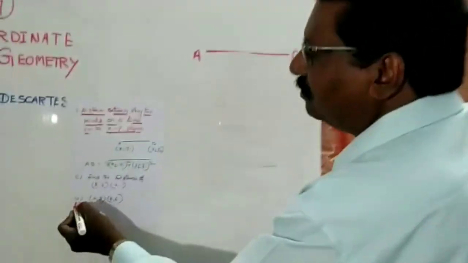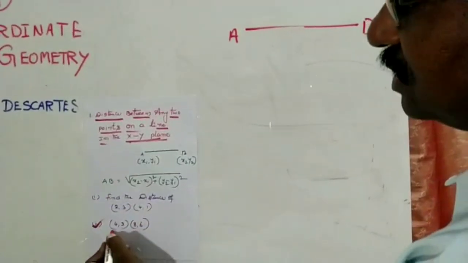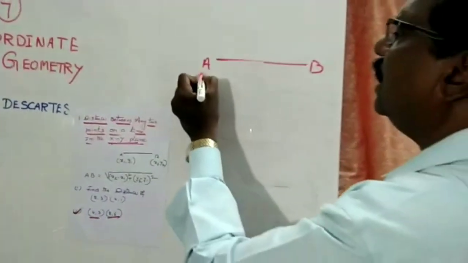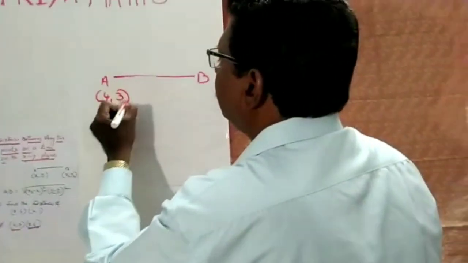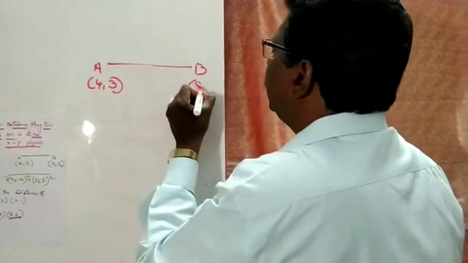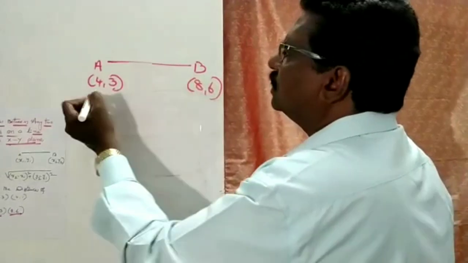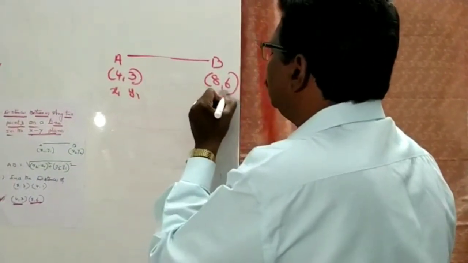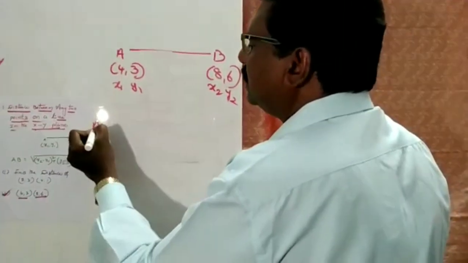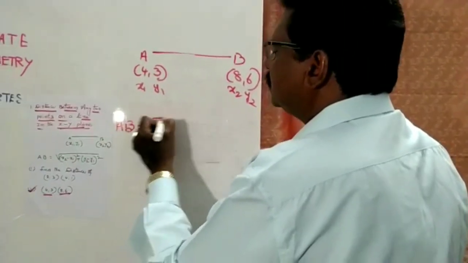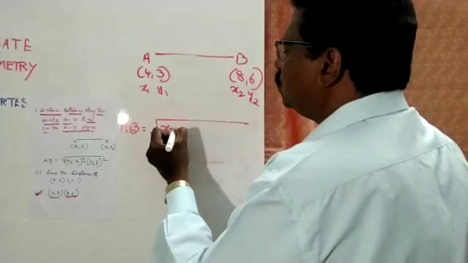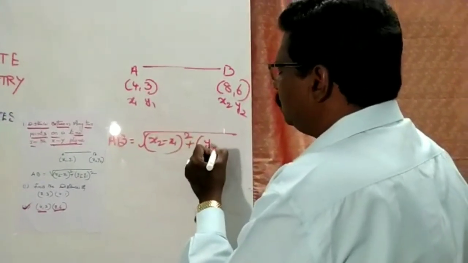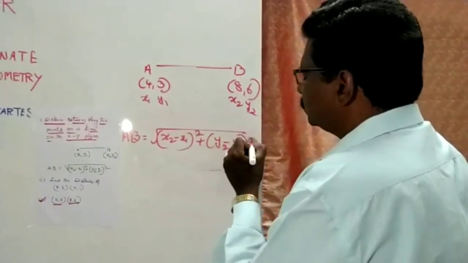Here the second one. Find the distance between (4, 3) and (8, 6). A is (4, 3), B is (8, 6). Take this one as x1, y1 and this one as x2, y2. Again you have to write AB is equal to square root of x2 minus x1 whole square plus y2 minus y1 whole square.